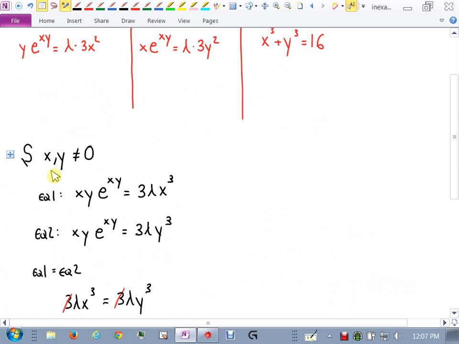So let me come back up here, and next to this, I'm just going to say, suppose x and y equals 0. Equation 3 would give us 0 equals 16, which is a contradiction. 0 is not 16.